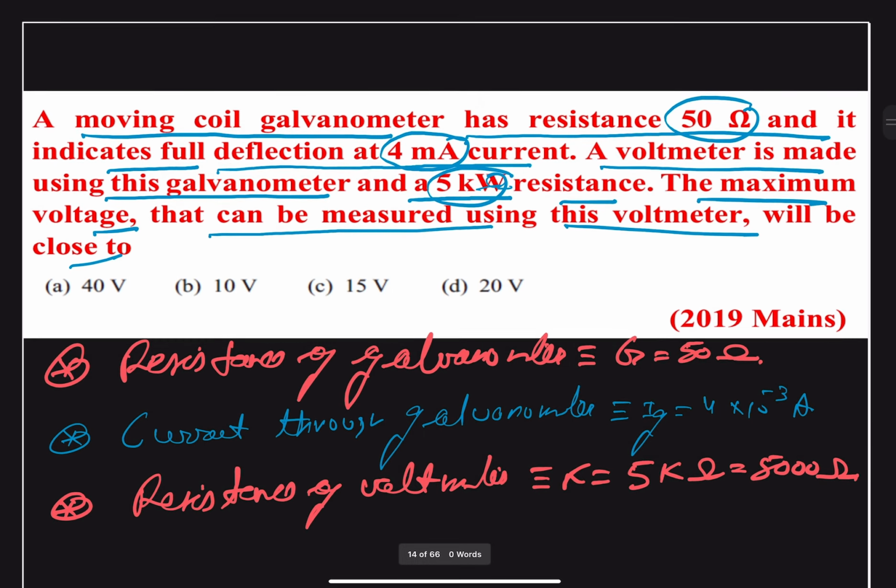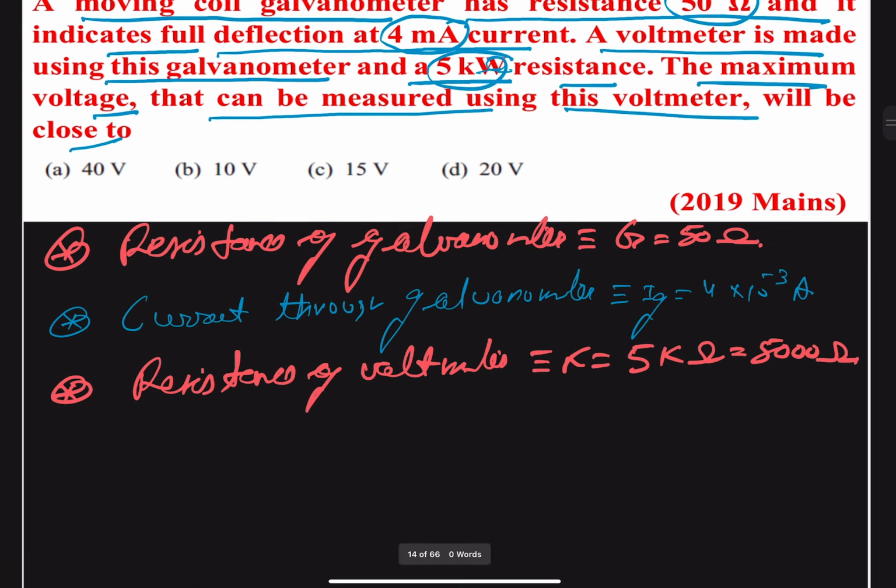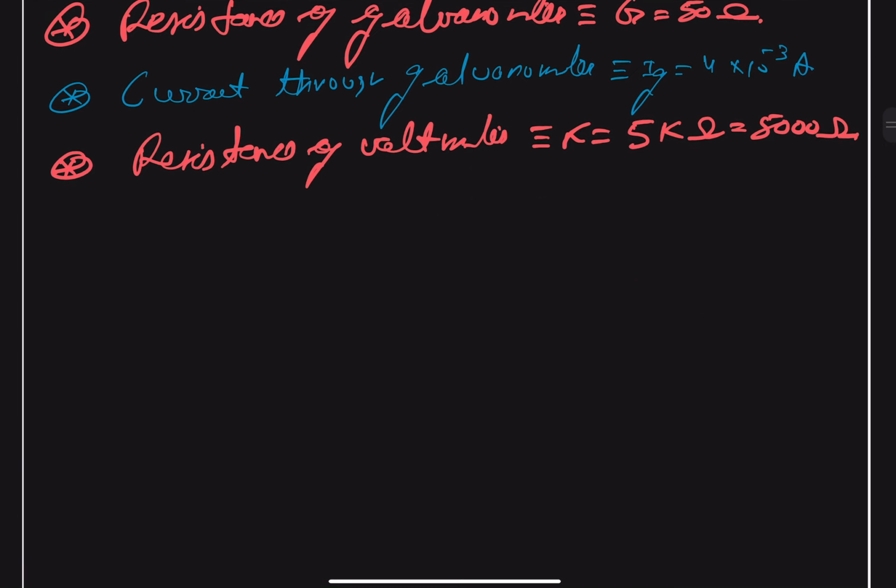So we can draw an approximate figure for that. So here we have a resistance, and this is our galvanometer resistance, and in combination it is going to form a voltmeter.